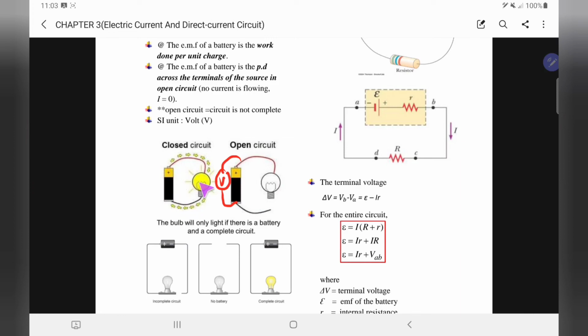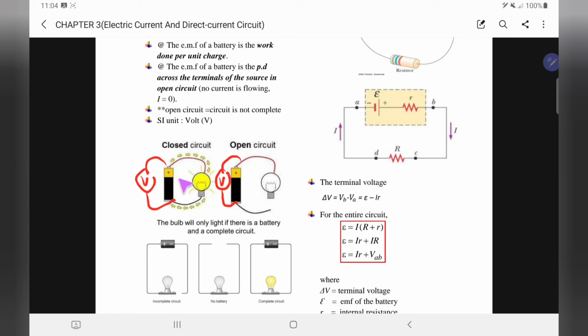By turning on the switch now, the reading on the voltmeter now representing our V terminal. Because the current flows through the bulb already, inside the bulb we have a resistance, so the potential drops here.